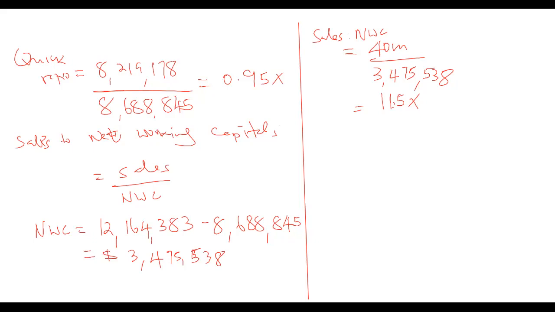If the company is intending to achieve the sales figure, for every $11.5 of sales it is intending to achieve, it must invest $1 towards working capital. That's what the sales to net working capital ratio implies.